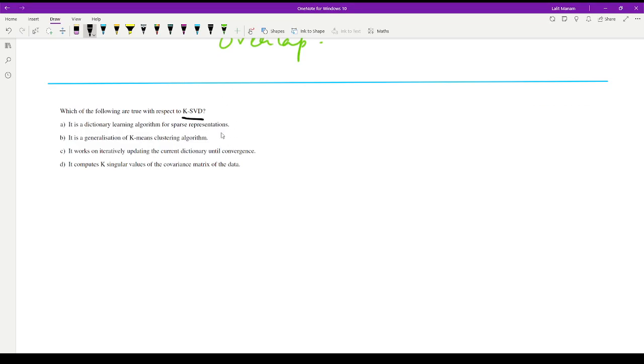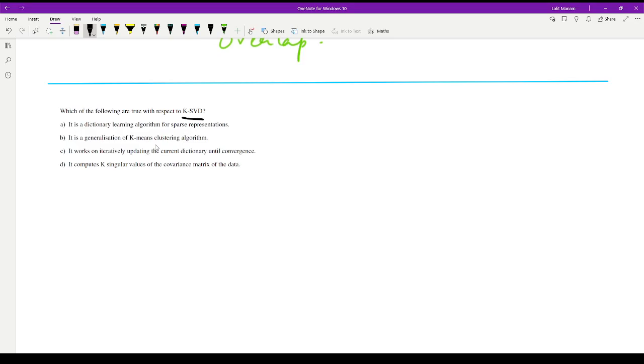Of course, the answer is here, but I want to know what's here. What's KSVD? Where do you want to use KSVD? KSVD is a dictionary learning algorithm, right? So that's the main idea.